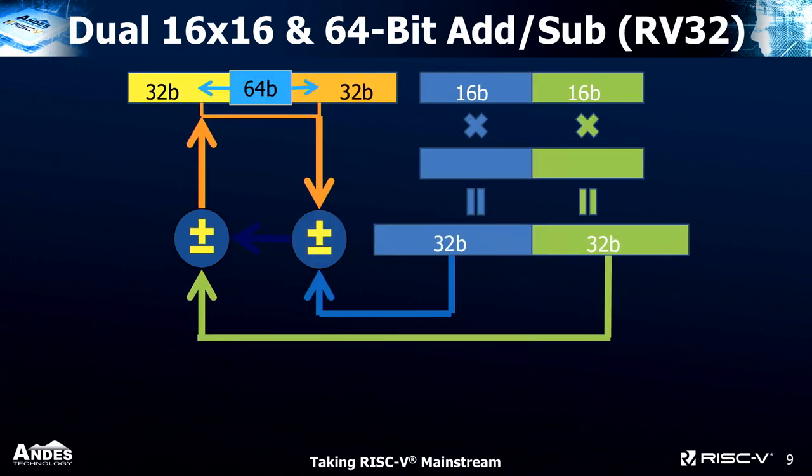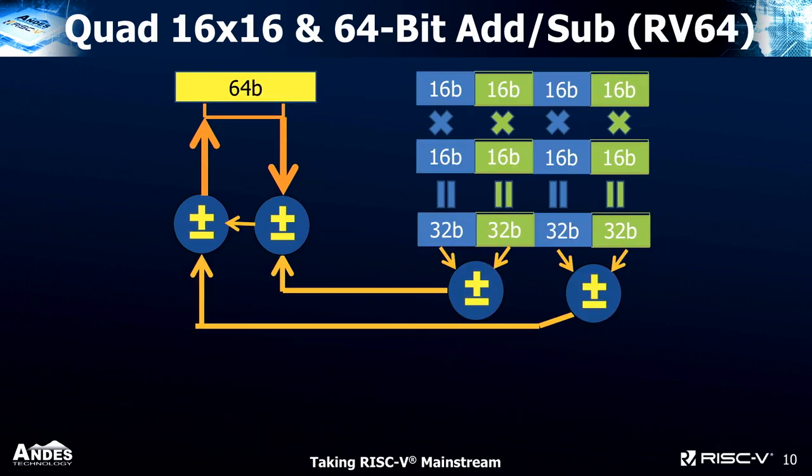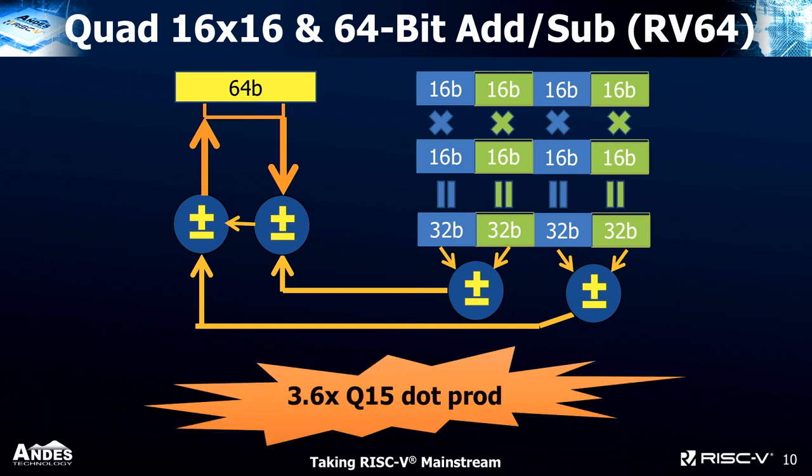It also includes 2 16-bit operations accumulated to a 64-bit result in RV32, and it has 2.6 times the performance of baseline instructions in Q15 dot product functions. In RV64, we do 4 16-bit multiplications and accumulate to a 64-bit result, and it has 3.6 times the performance over baseline in Q15 dot product functions.